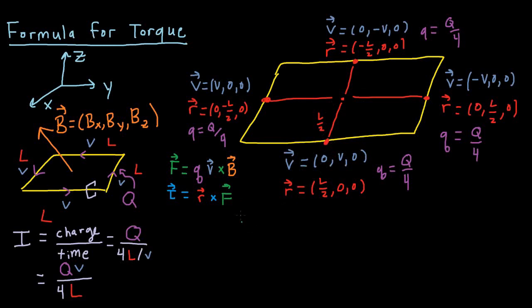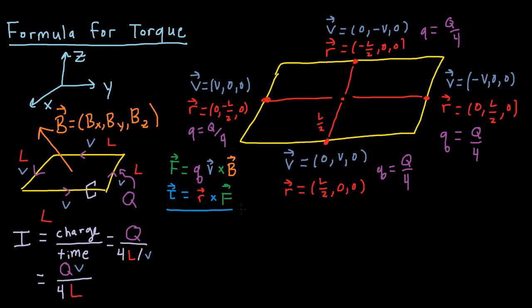I'm just going to write the final result just to save some time. But if you yourself want to do the morally good thing and check this for yourself, I have included enough information on the screen for you to just take out a piece of paper and do it. Just look up the formula for cross product, unless you remember it. But basically now you just have to do out all the cross products. But I'm just going to write the final answer.